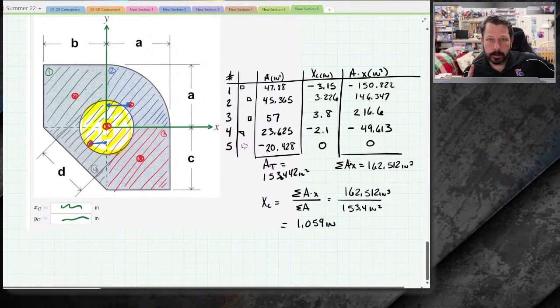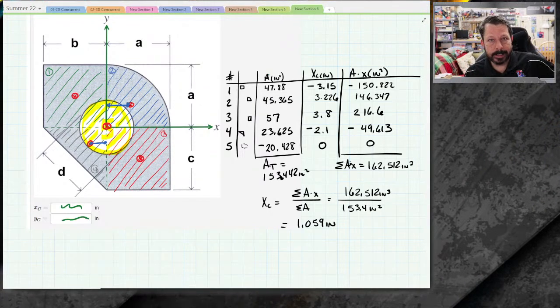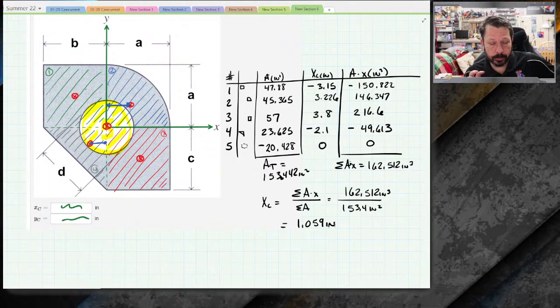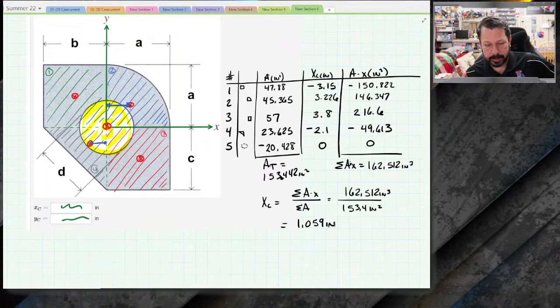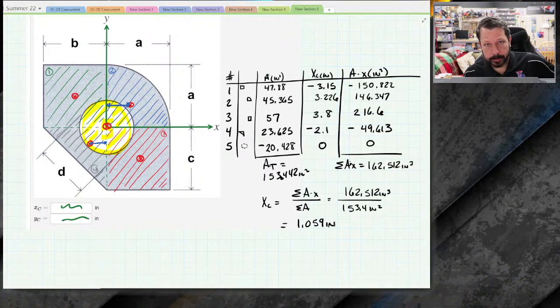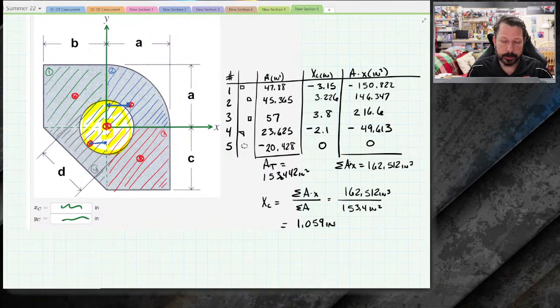So one thing to note on exams, WebWork, all of these problems where you get dynamically assigned values for the dimensions like A, B, and C, and D, is that that picture is not regenerated for your particular dimension. So the picture is very generic.